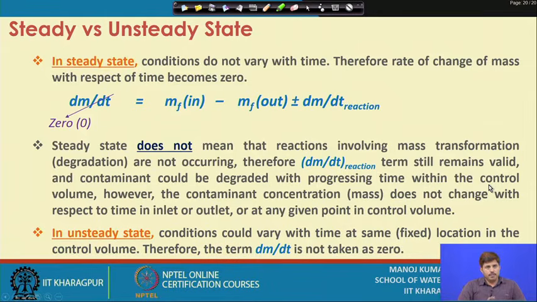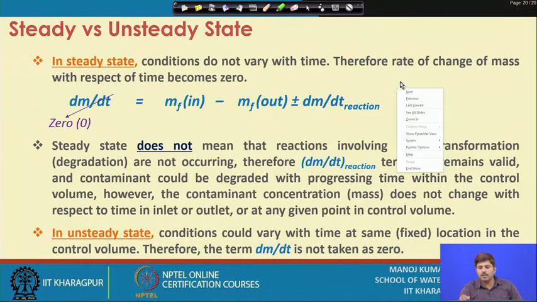Now, another important and specific case is whether the system is in steady state or unsteady state. In steady state, the conditions do not vary with time. So, the rate of change of mass with respect to time, or rate of accumulation, becomes 0, because nothing will accumulate in the system.